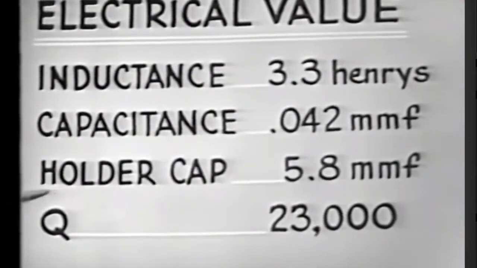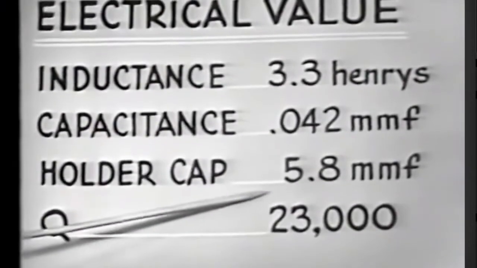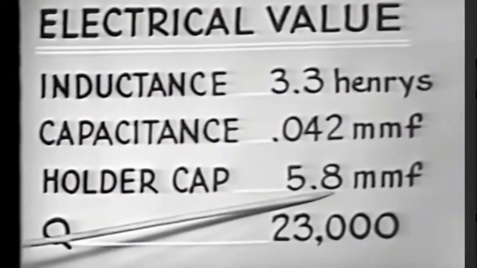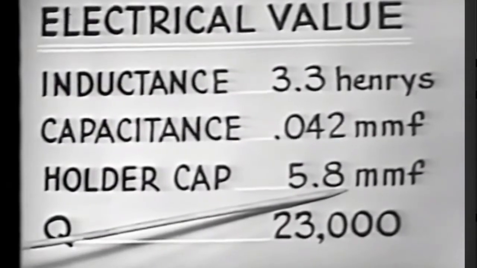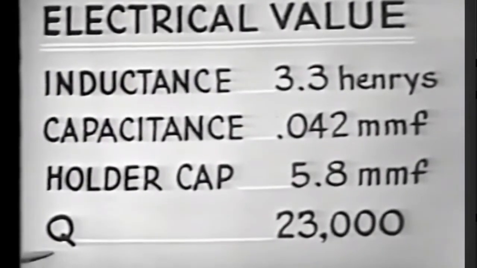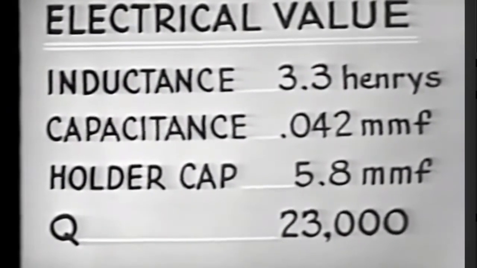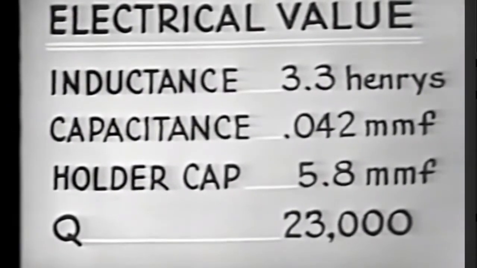The capacitance of the crystal holder would be about 5.8 microfarads. And this crystal would have a Q of around 23,000. Now let's remember, these values were for a crystal cut for a fundamental frequency of 430 kilocycles, and will not hold true for all crystals, but it does give us an idea of relative value.